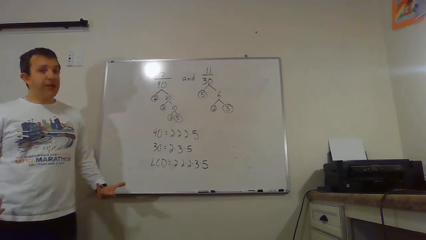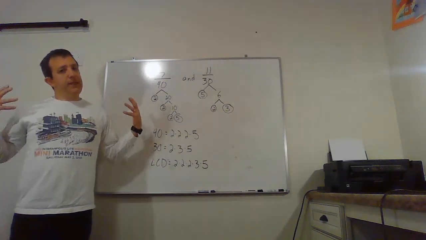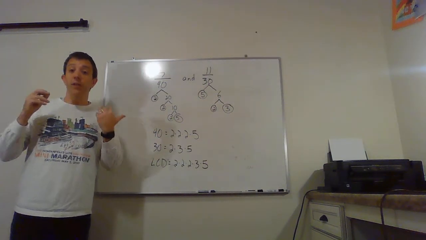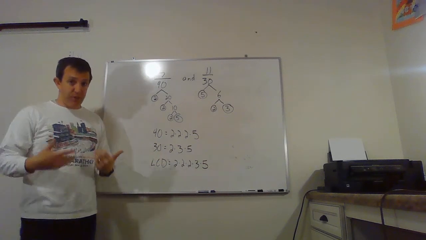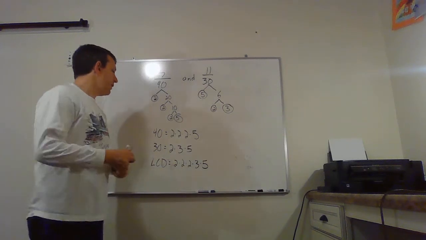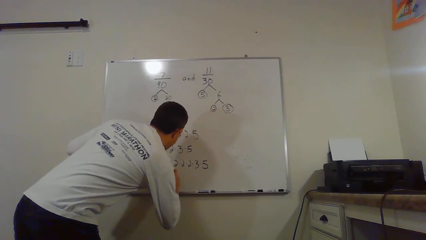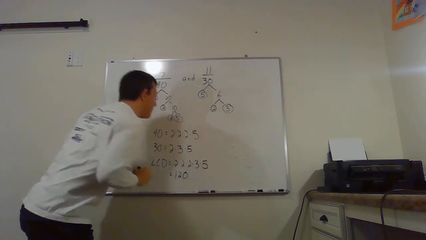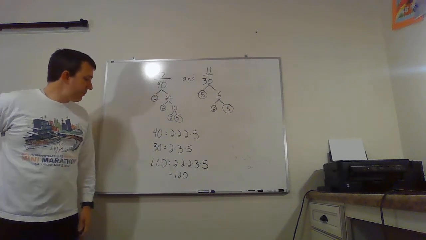And then for the 5s, a little bit of a trick question, which is more, 1 or 1? They're the same. We don't need them both, we just need 1 because we need the most that either one has. So we get the 5. Oh, and I didn't multiply it out. Shame on me. Let's see. This is 120, I believe. So there we go. That's our common denominator.